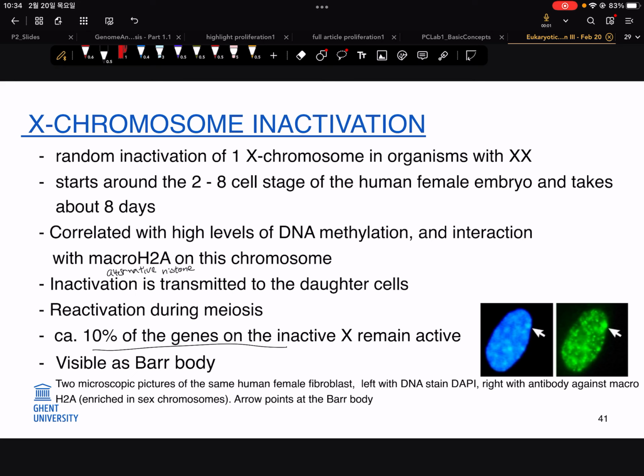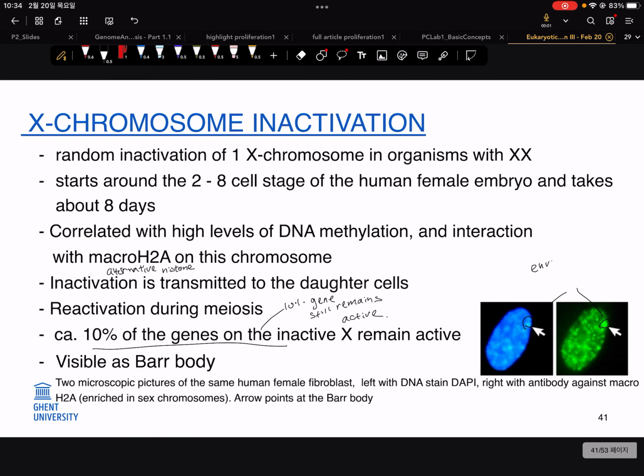Now you can clearly see even that inactive X chromosome if you stain it. Like for example here, a human female fibroblast is stained with DAPI, which stains DNA, and on the right side, with an antibody against macroH2A. Then you clearly see something here, very bright, and here it's even more clear, of course, with the enrichment of macroH2A in the inactive X chromosome.